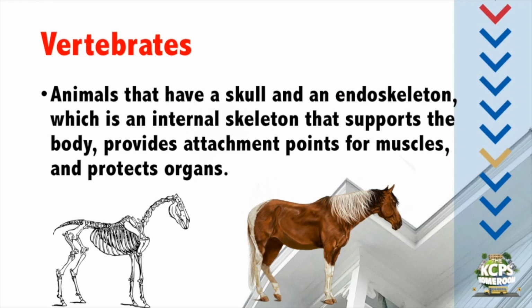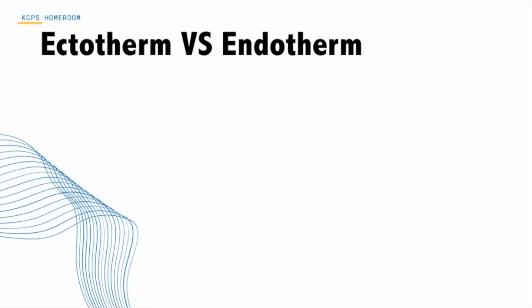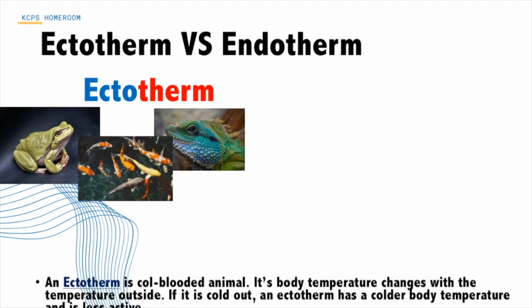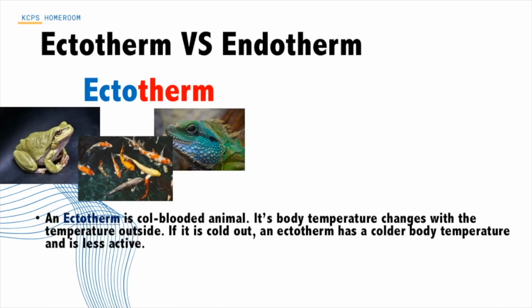Animals that have a skull and an endoskeleton, which is an internal skeleton that supports the body, provides attachment points for muscles and protects organs, are called vertebrates. Vertebrates can either be cold-blooded or warm-blooded animals. Cold-blooded animals are called ectotherms, and their body temperature changes with the temperature outside.